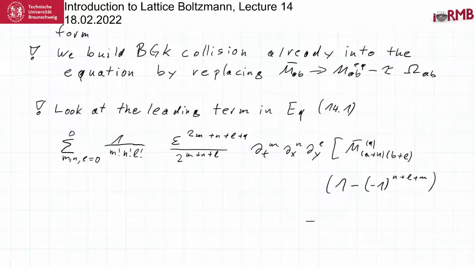And the only thing that is not going to cancel out is this omega n plus n b plus L, and this is again order Q, and this is 1 plus minus 1 to the power of n plus L plus m.